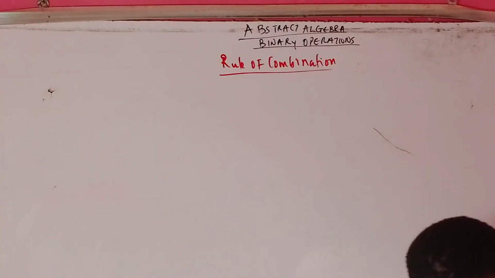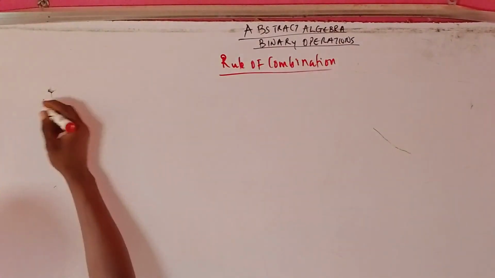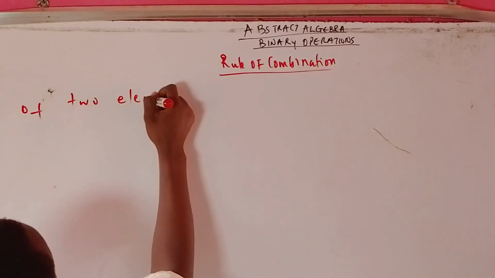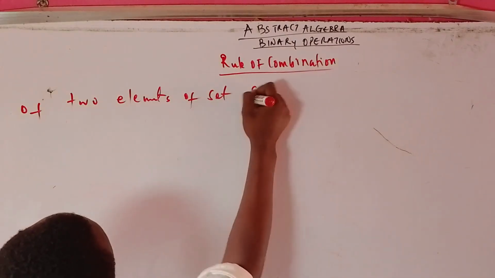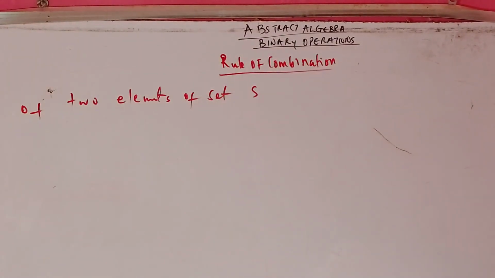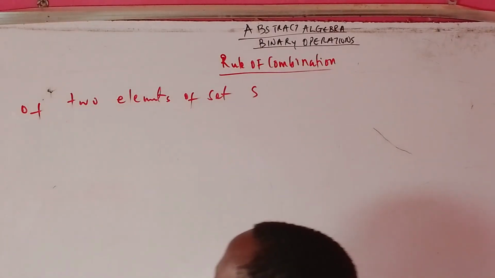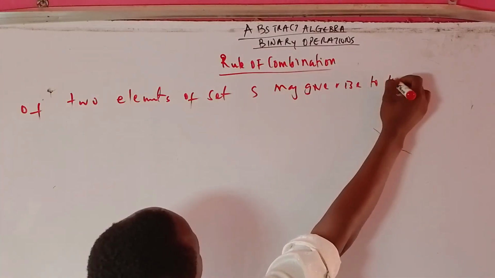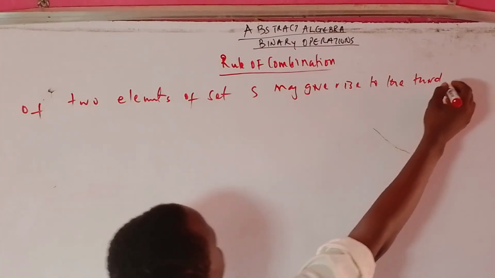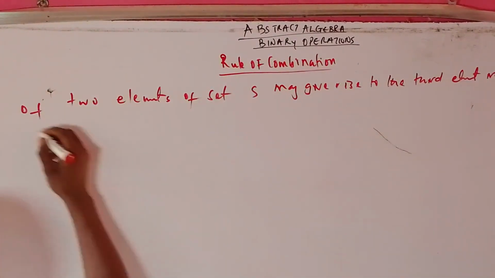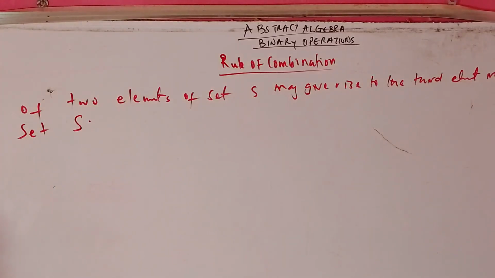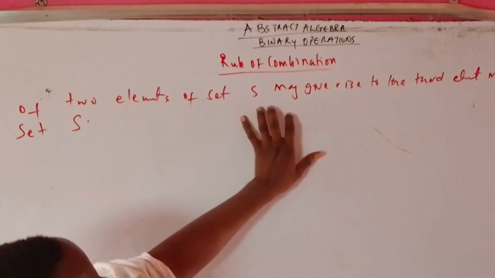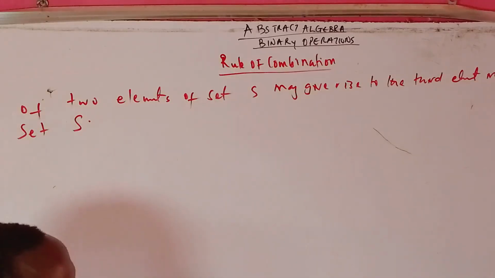In mathematics, the rule of combination of two elements of a set S may give rise to a third element which belongs to the set S. Rule of combination of two elements of set S may give rise to the third element in set S.